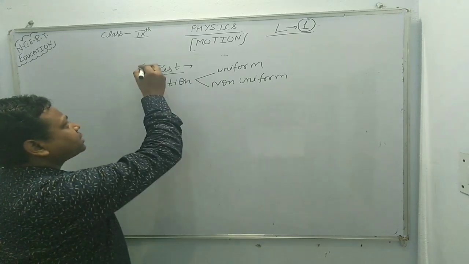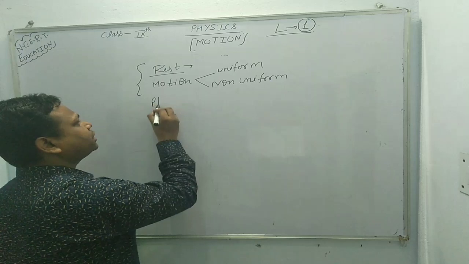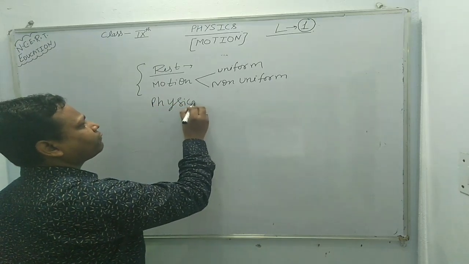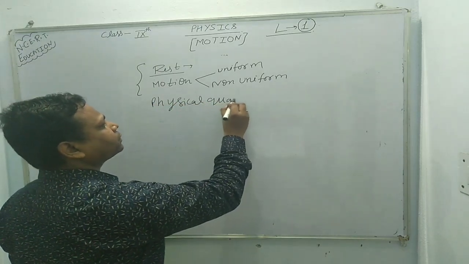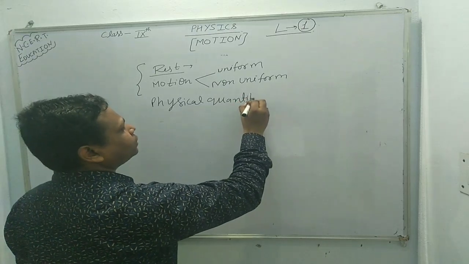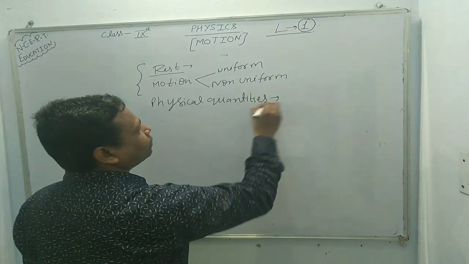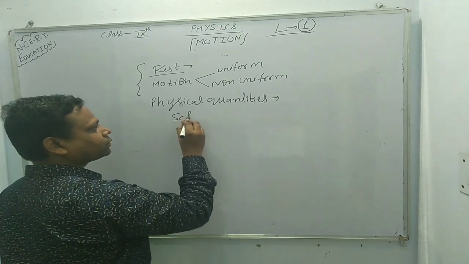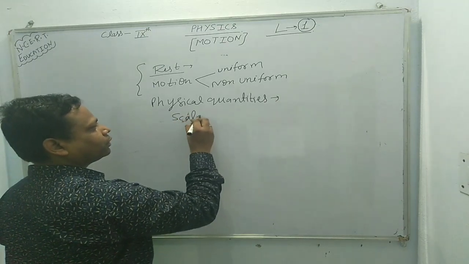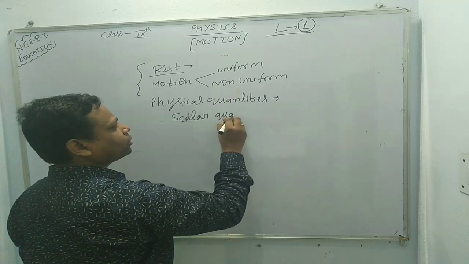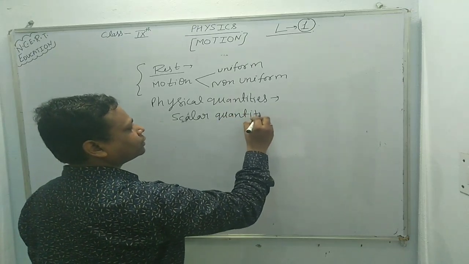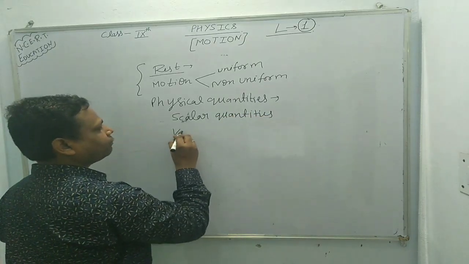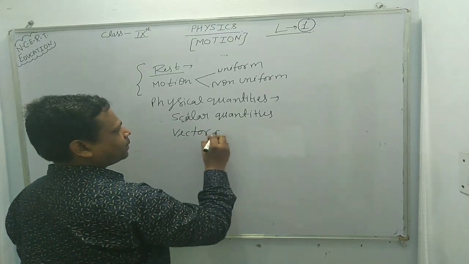So in physics there are two types of physical quantities: scalar quantities and vector quantities.